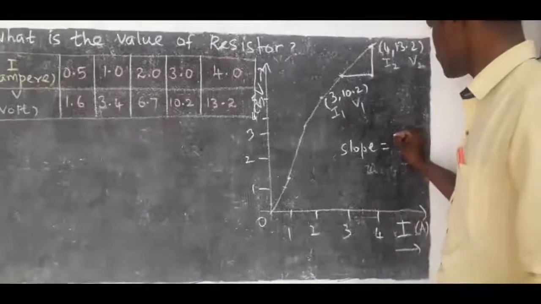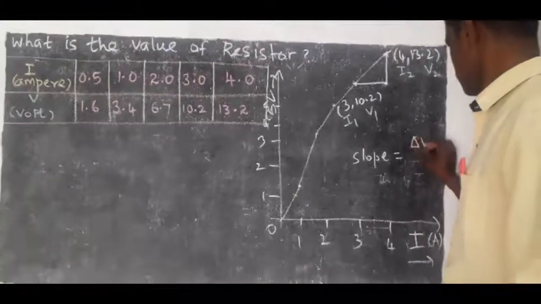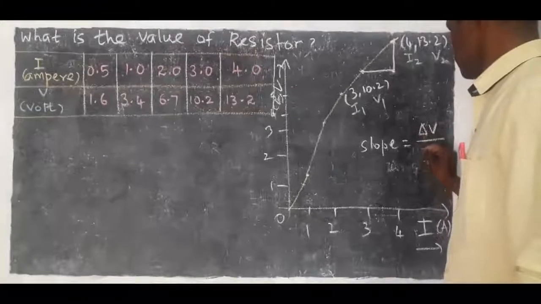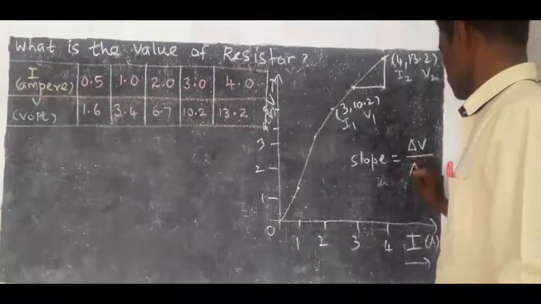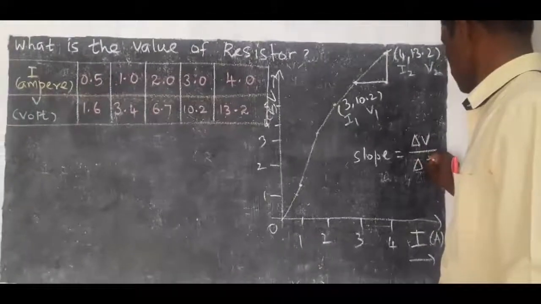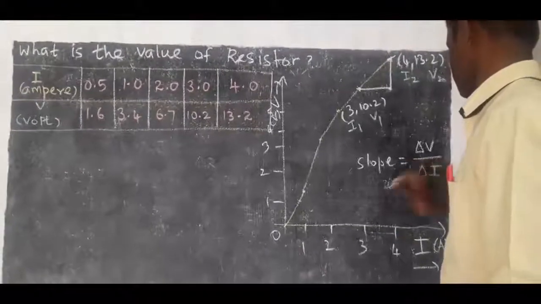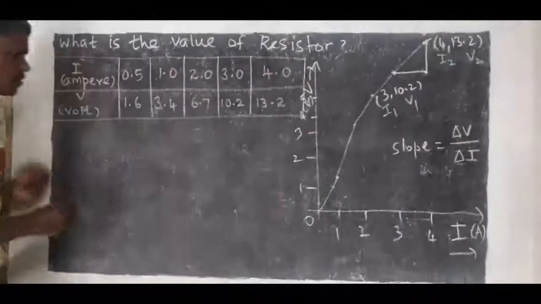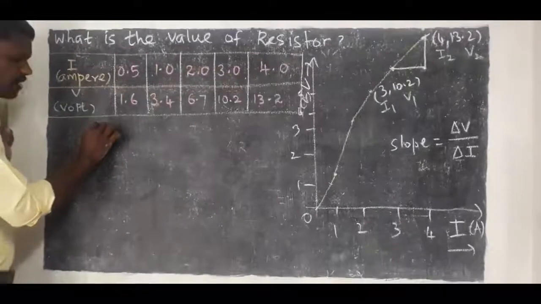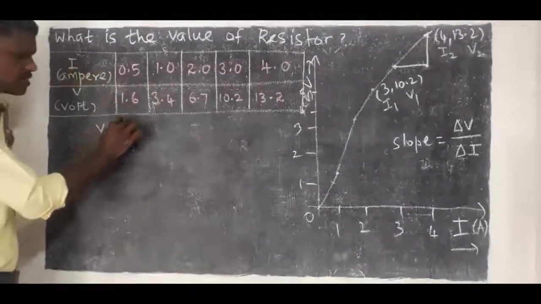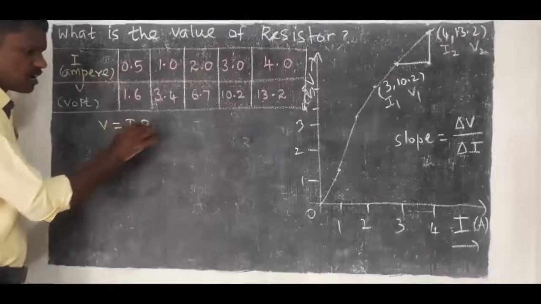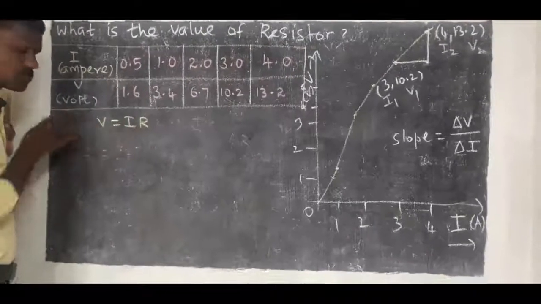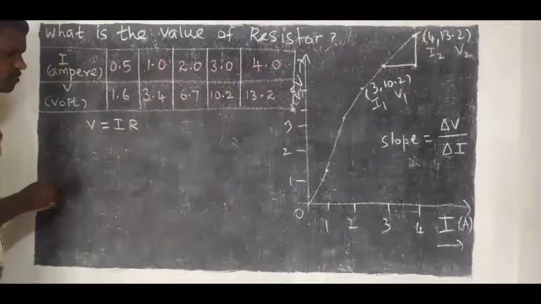Here y is delta V and x is delta I. So we are going to find the slope. Now, as we know, according to Ohm's law, V is equal to IR, where R is the resistance, I is the current, and V is the potential difference in volts.